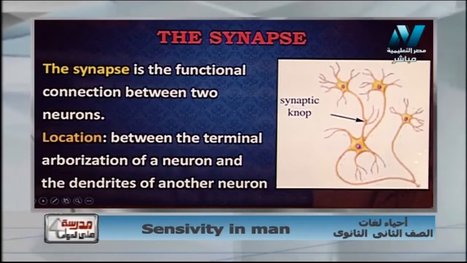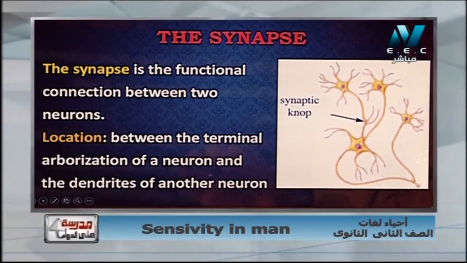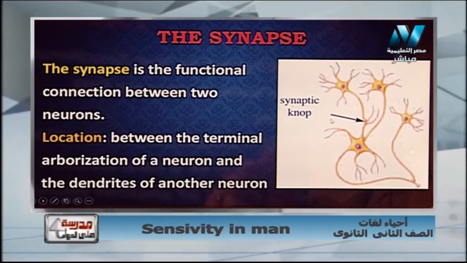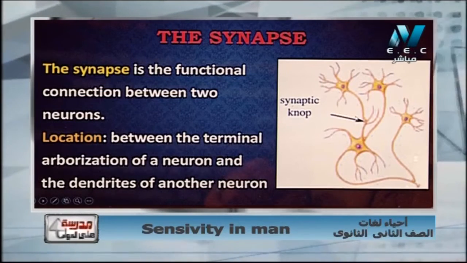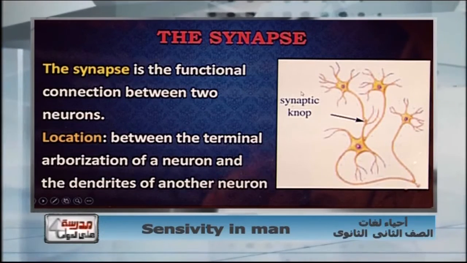Another point that is called the synapse. In this picture, it shows that the nerve cells are connected together, or come close to each other, at something we call a synaptic knob, or synapse. What is the synapse? The synapse is the functional connection between two neurons.